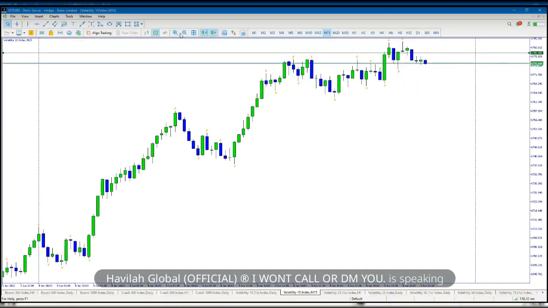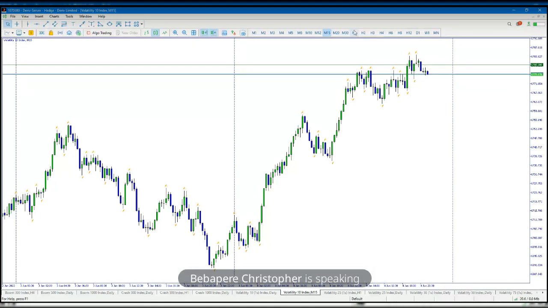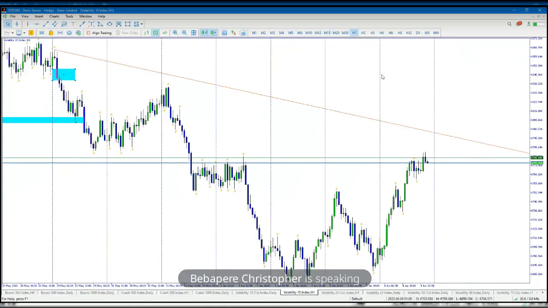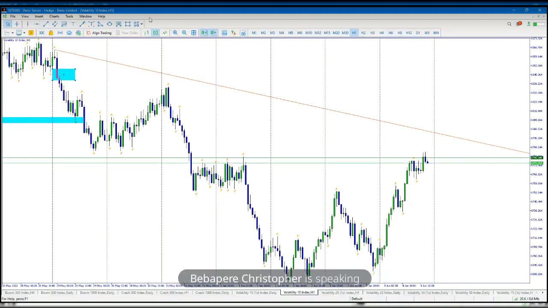This is my 15 minutes, and this arrow is where I entered. Can you tell us why you entered, sir? If you go to the point of my POI. Okay, I see why you entered.